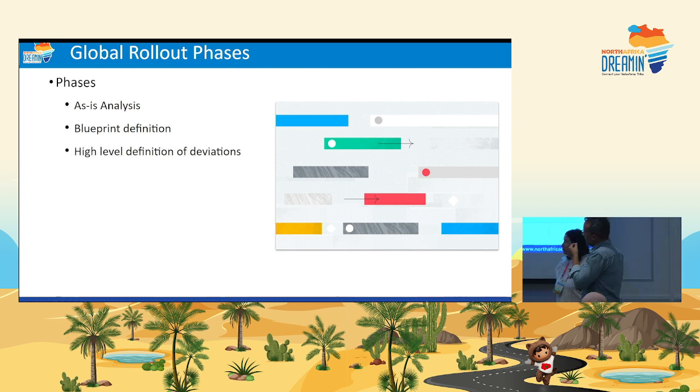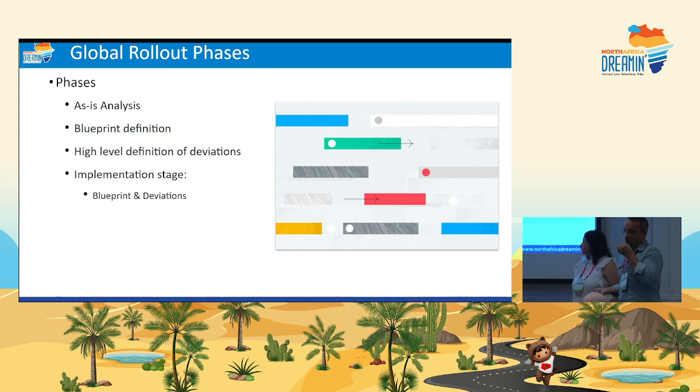And then we will talk about the deviations. Some of the markets are very standard, and you can reuse most of the work for all of the markets, but some other markets have particularities that you have to focus on, so those are the deviations.